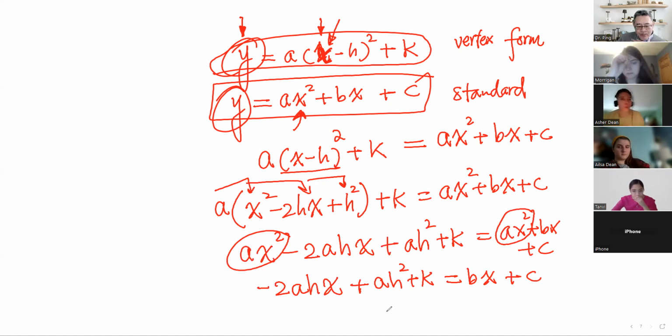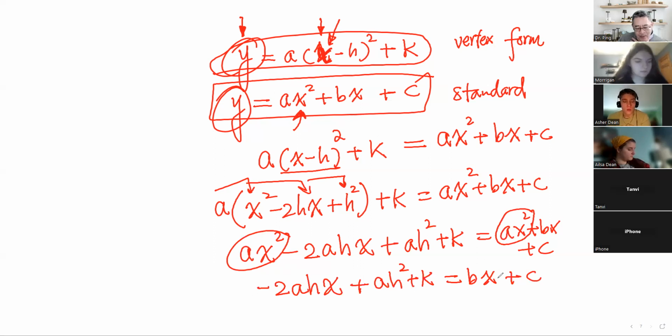Okay, one thing we know is that this equation is always true, no matter what x value. So therefore, we can set x equal to 0. That means that term disappears, that term disappears. So we get ah squared plus k equals c.